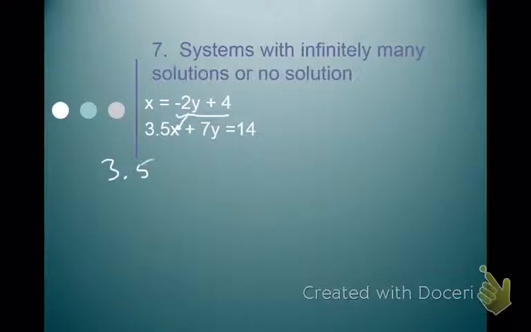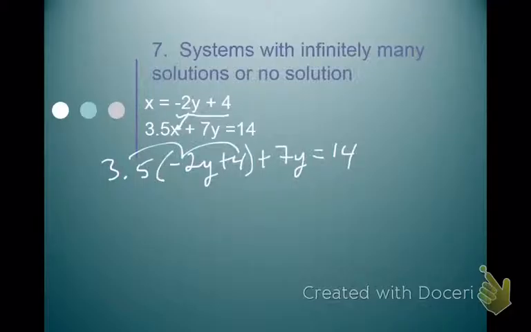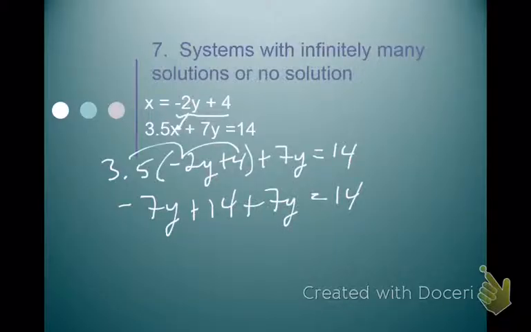So I get 3.5 times negative 2y plus 4 plus 7y equals 14. Now, distribute. We get negative 7y plus 14 plus 7y equals 14. Combine like terms, these are going to add out to 0.